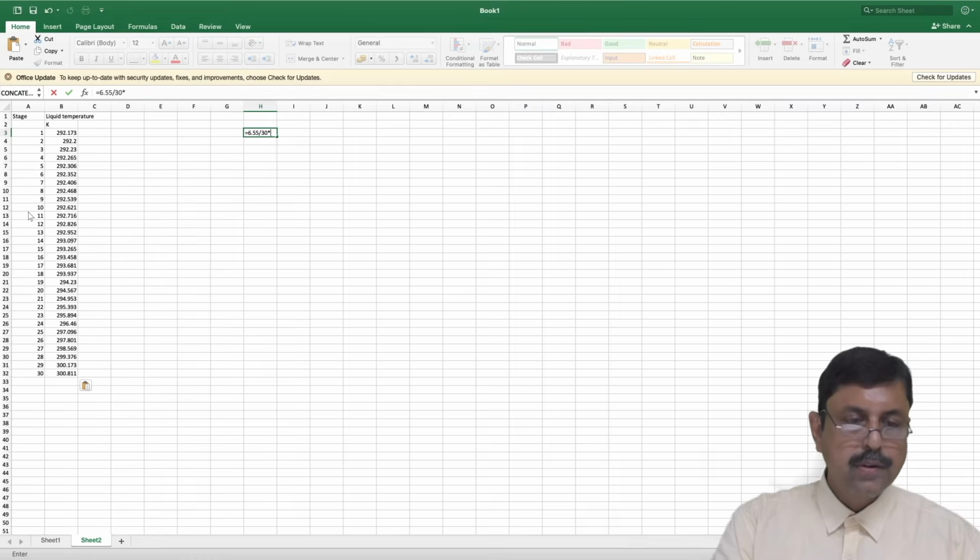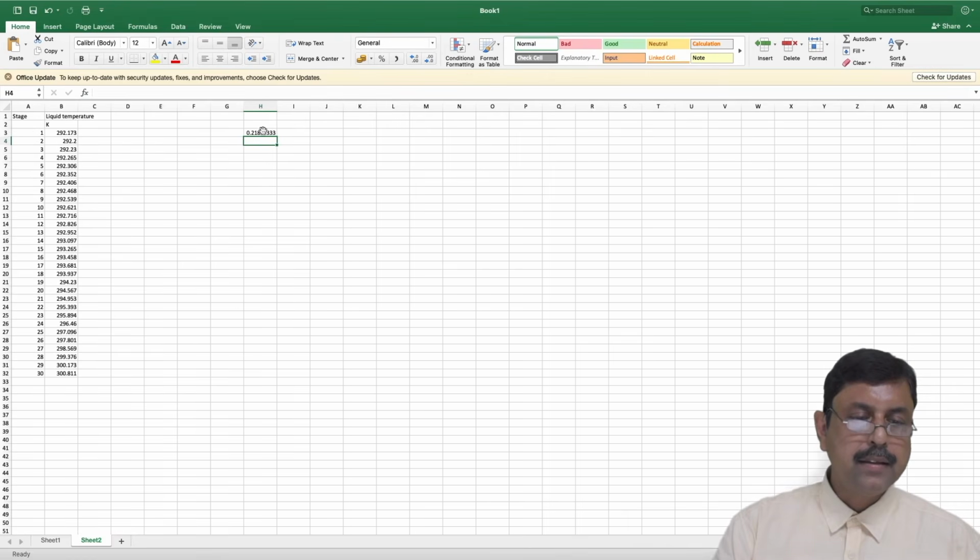So cumulatively, this is the length of stage 1. This is the length of stage 1 and 2 together. This is the length of stage 1, 2, 3 all together.